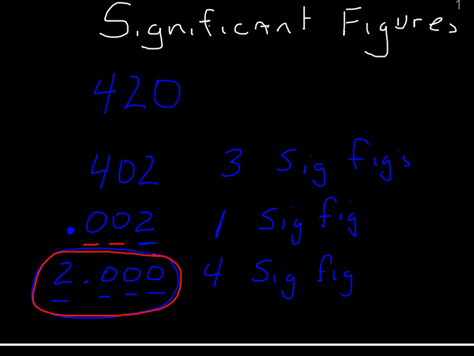This 0 right here is to the right of the last whole number, but because there is no decimal place, it is not significant. The only significant digits are the 4 and the 2. So that has 2 sig figs. And we'll practice this in class an awful lot.